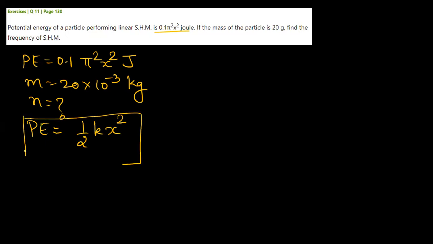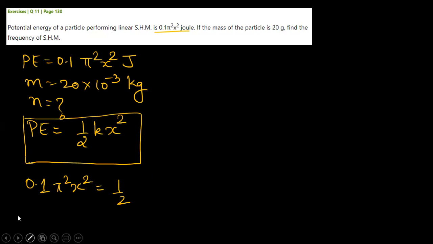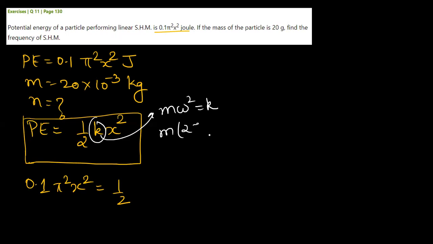In the LHS, we will substitute the value of potential energy, that is 0.1 pi square x square, equal to half k x square. Instead of k we can write m omega square, and omega can be written as 2 pi n. When I open this, k equals m 4 pi square n square.